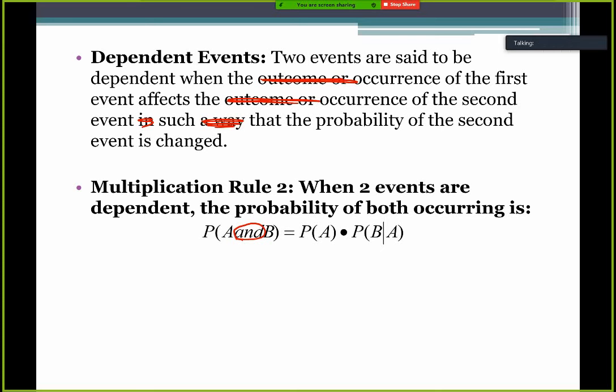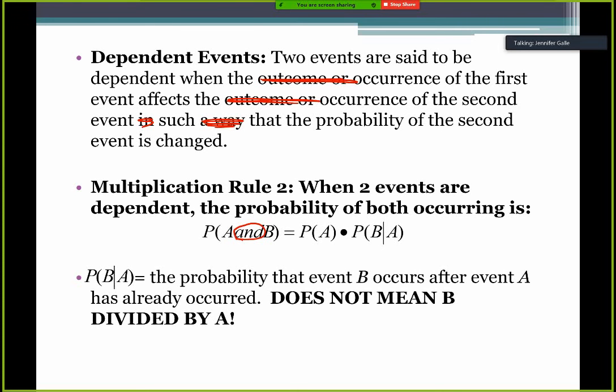The part that I want to stress on this is the notation for the second piece. And I already have this on your sheet. We have the probability, it has B and then a vertical bar A. What that symbolizes is the probability that event B happens after event A already happens.